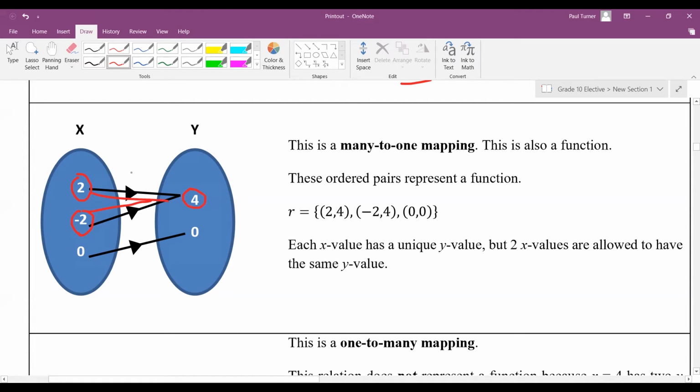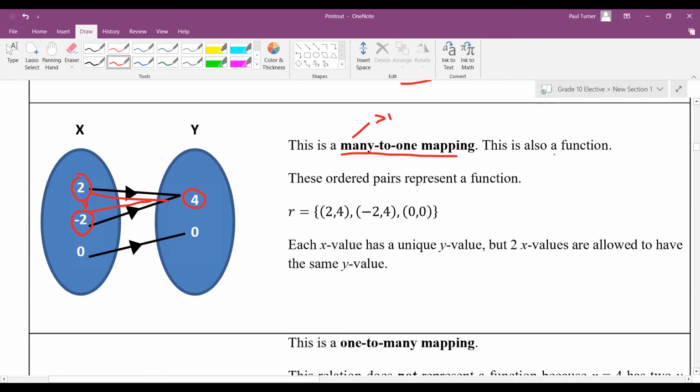You only need one like that in your graph, and we call it many to one. This one is 1 to 1, but we ignore that. We look at if we ever have more than one going to one value, then we call it many to one. Many just means greater than one element. Here we have 2. So 2 numbers going to one y value, 2 x values going to one y value.